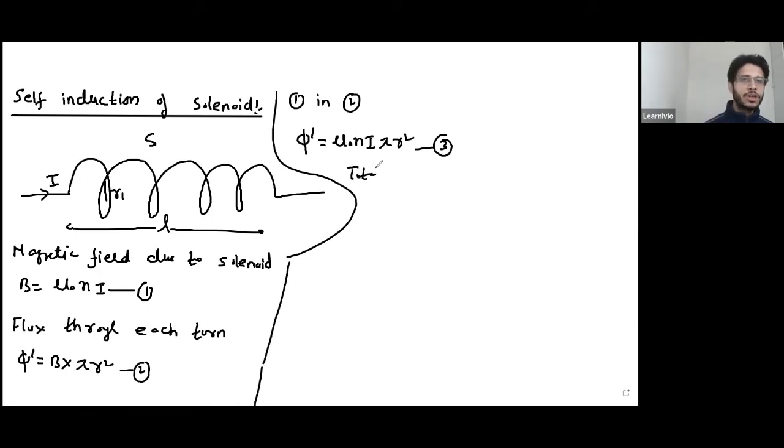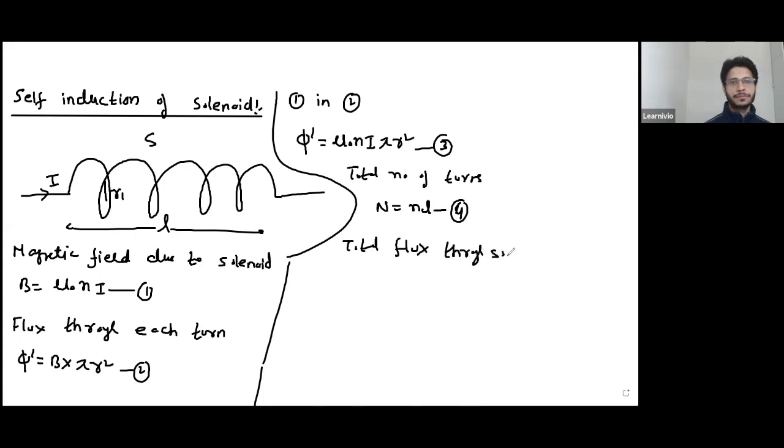Next, I need the total number of turns. The total number of turns is represented by capital N, that's the number of turns per unit length into length. So that's equation number 4. For the total flux through the solenoid, it's the total number of turns multiplied by the flux through each turn.